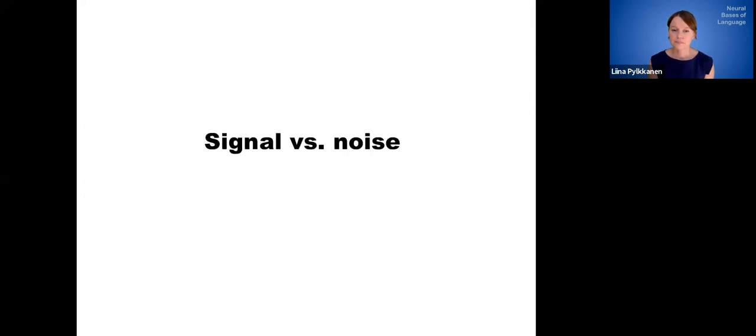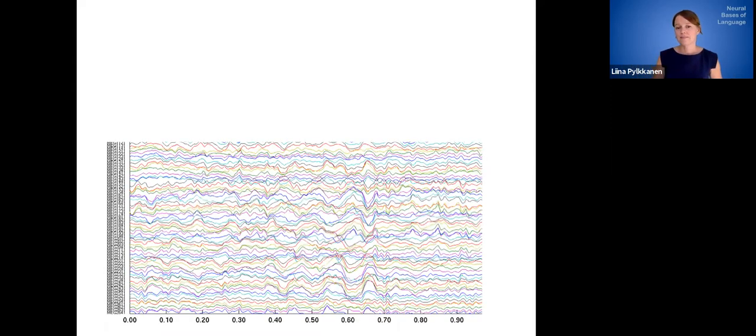Okay, so in this continuous type of raw data, the measurement reflects all the electrical or magnetic activity that is happening at that sensor site. And a major challenge for these techniques is to separate signal from noise.